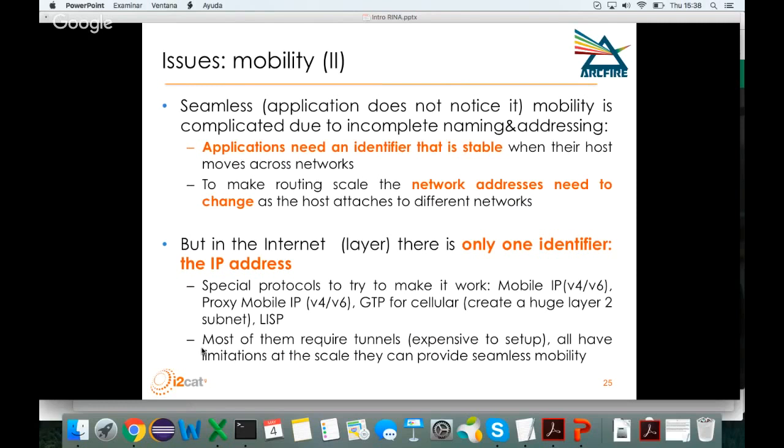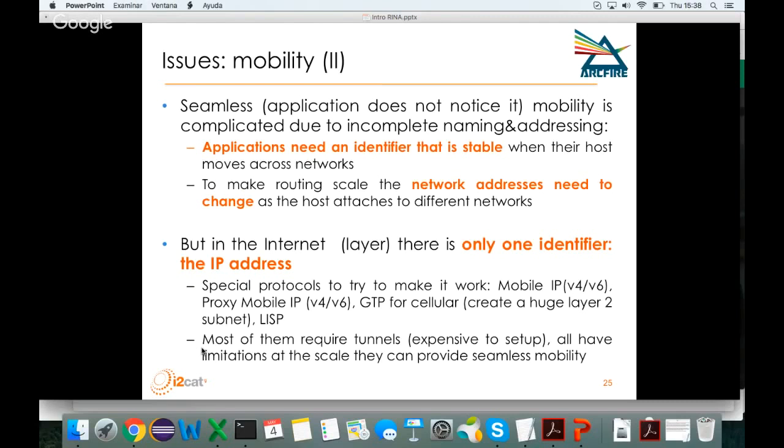The problem with multi-homing doesn't stop there, because it also makes mobility difficult. The first problem with mobility is that to move, you need applications that have an identifier that is stable across networks, right? If I am moving from one place to another and I lose my name, it will be very hard to find me if my name depends on where I am.